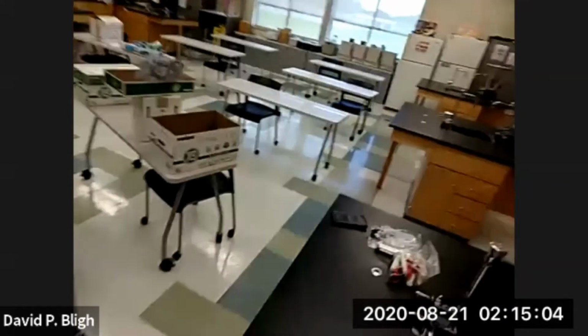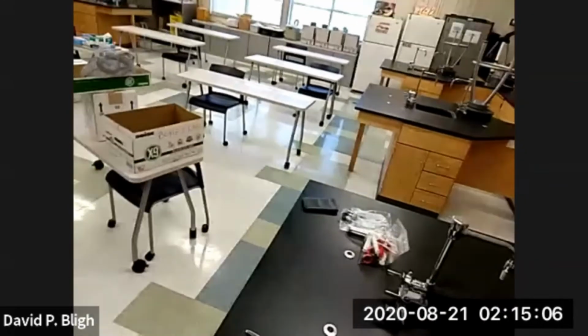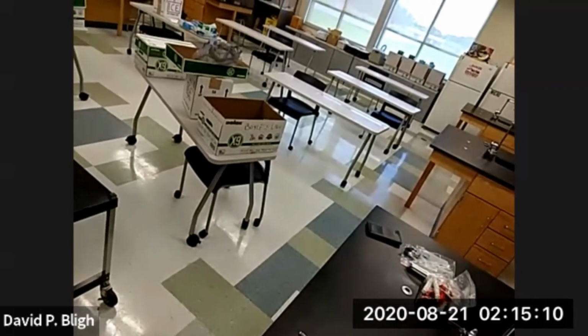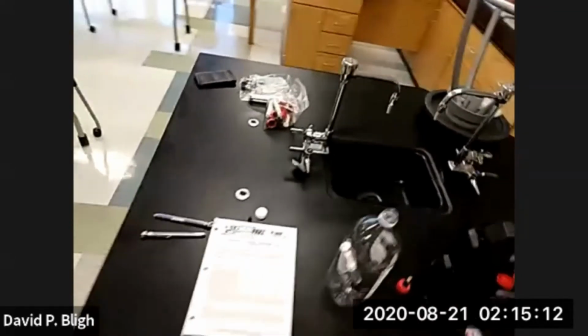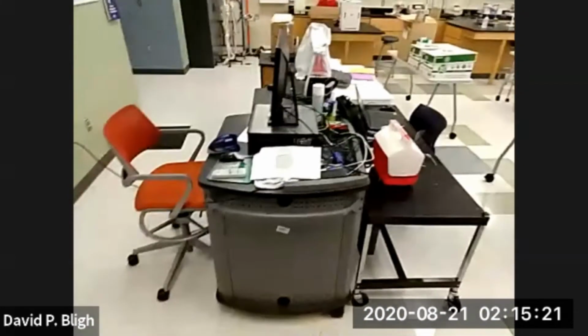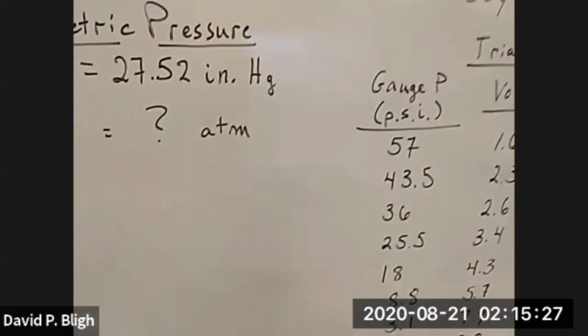For the total pressure inside the vessel, we need to add that extra bit of pressure pushing on this side of the piston. So we need to know the barometric pressure, how much pressure is pushing on the outside of that plunger and the container. We do that by checking our barometer on the wall over there.